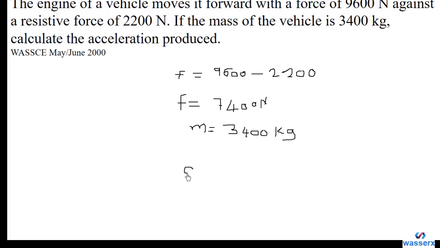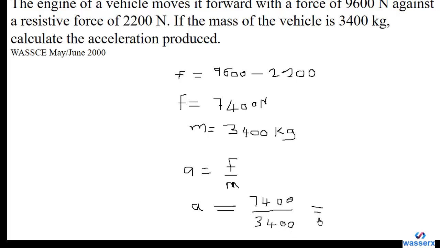So we can now use the relation a equals F over m to calculate the magnitude of the acceleration produced, and that will be equal to F, which is 7,400, divided by 3,400. We need to make use of our calculators again.